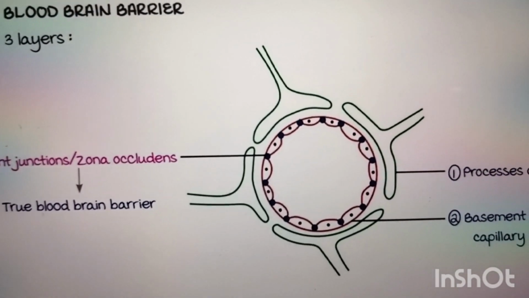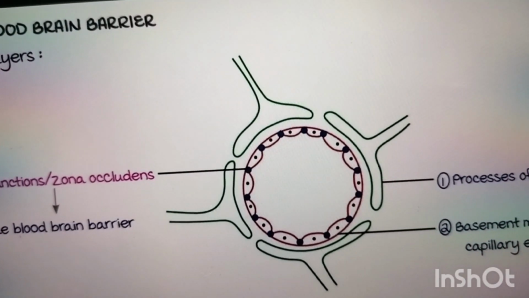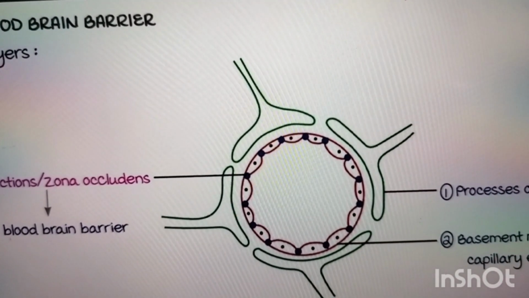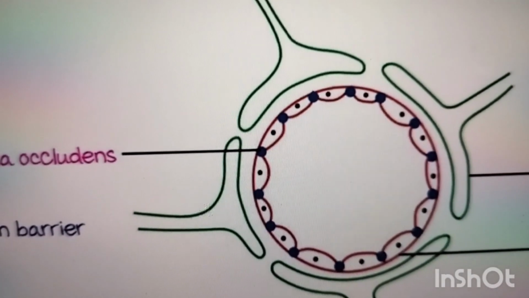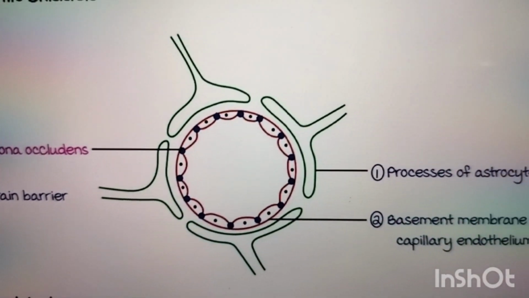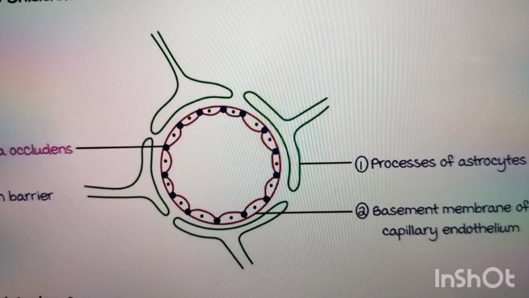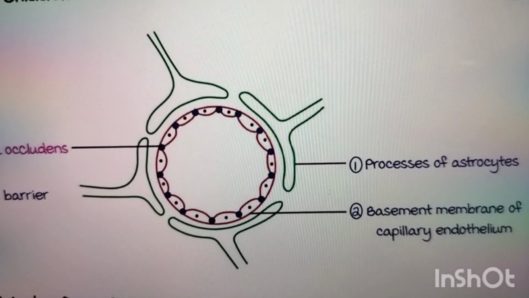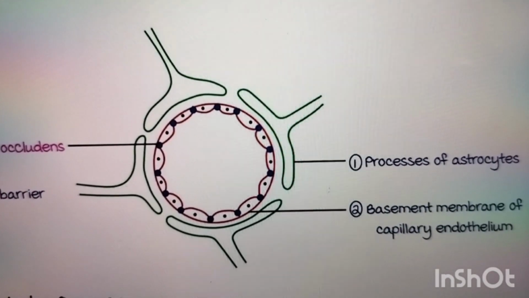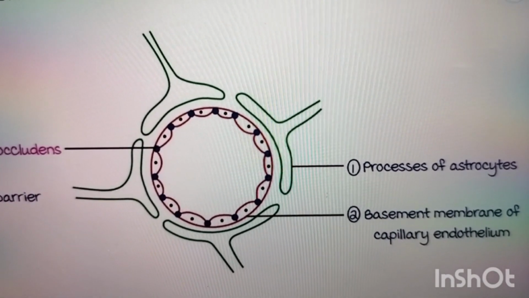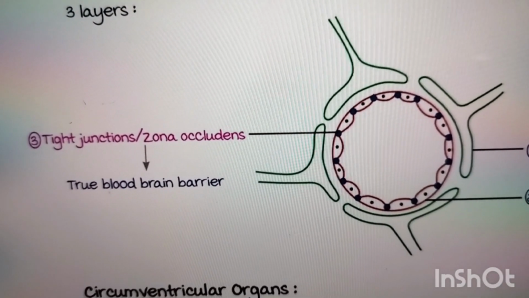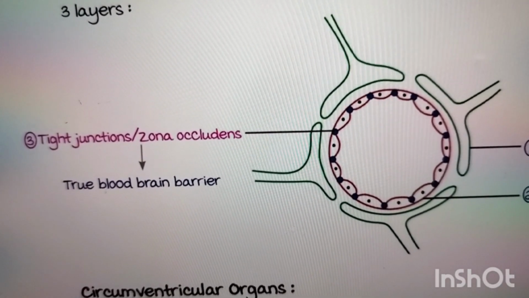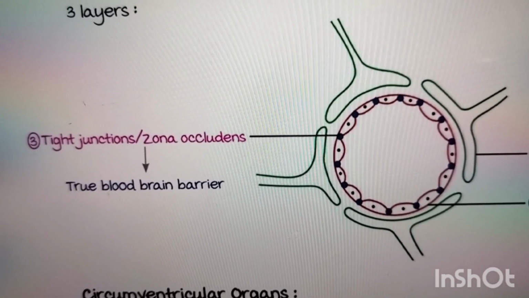Others are, you are seeing the red capillary, and inside we see the endothelium. You are seeing the basement membrane outside the capillary, and you are seeing the tight junction between the endothelial cells of the capillary.